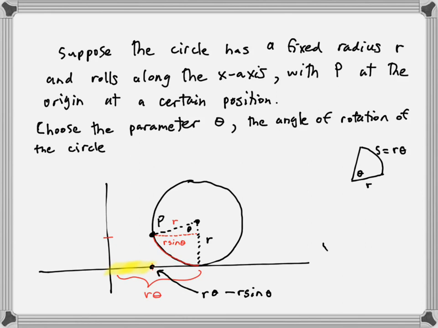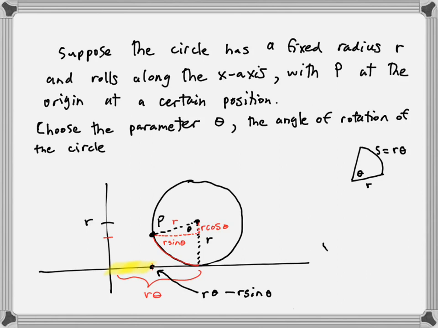Now what about the y coordinate? Okay, well, the entire thing is r, so let's say that r is up here. This is r, and then we know what this little piece is, right? How do we know? Because this is r cos theta, this little piece of the right triangle right there.